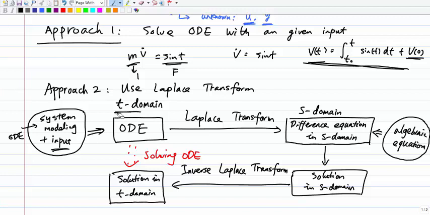I call it time domain because the derivative here means it's with respect to time. Because it's a differential equation, with derivatives, it's hard to solve if the system is complex.